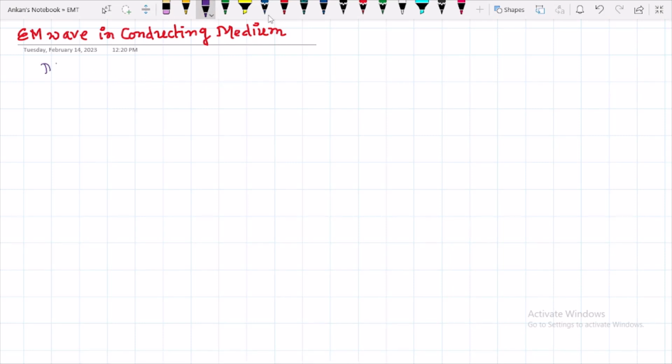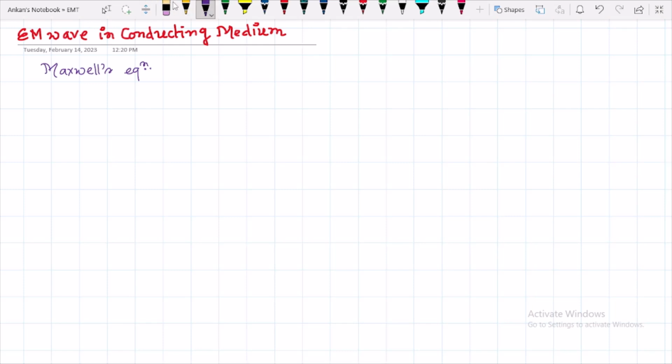The method is general. Every time you study electromagnetic wave propagation in a different medium, you have to first write the Maxwell's equations in the given medium. Then you have to perform some mathematical operations on them and evaluate some beautiful conclusions that I am going to show you.